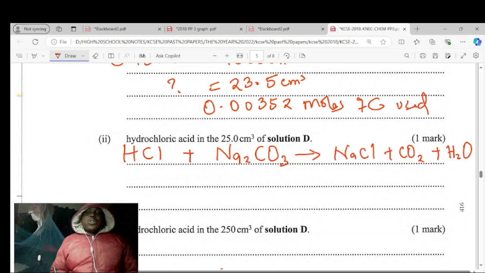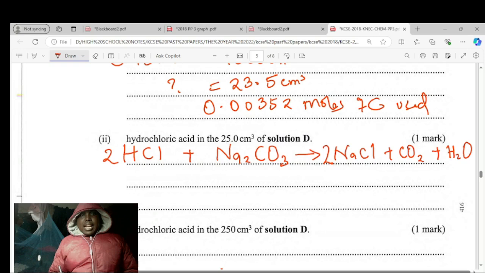Then balance the equation, because sodium here is 2, you can put 2 here and then 2 there. You don't need to write the state symbols, because here we want the equation only to help with balancing. Now, the number of moles of sodium carbonate we have is 0.00352.